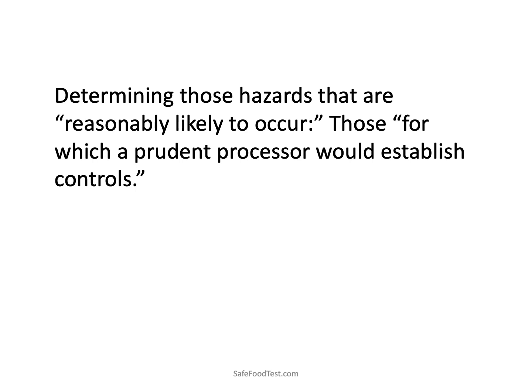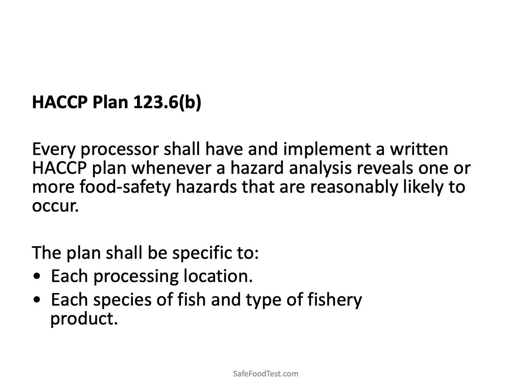While conducting your hazard analysis, your job will be to determine hazards that are reasonably likely to occur. For those hazards, you're going to establish controls. If your hazard analysis reveals one or more food safety hazards, then you need a HACCP plan.